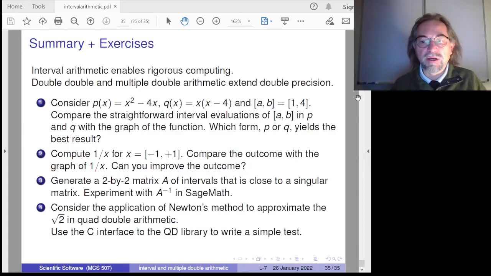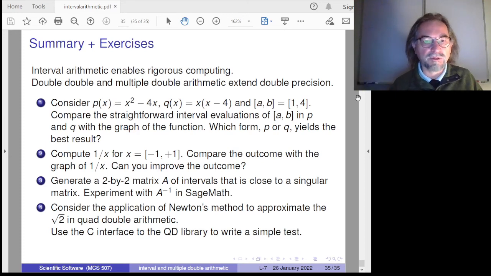Okay, to conclude with some exercises. So the exercises concern mainly interval arithmetic. So the way the expressions are written matters a lot. So here, try to explain with a graph what happens if you evaluate these two quadratics.